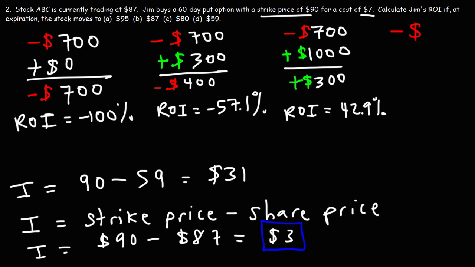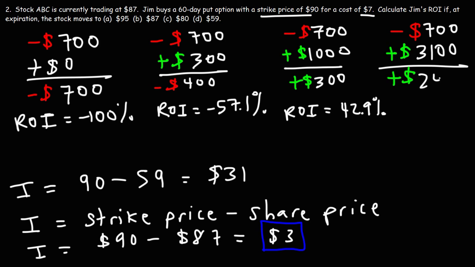So he paid 700 for the contract, and now it's worth $31 times 100, so he's going to receive $3,100 at expiration. Negative 700 plus 3,100, he's looking at a gain of $2,400 for this particular trade.